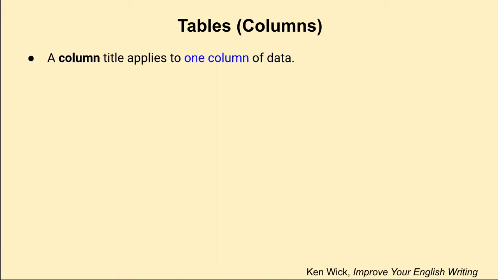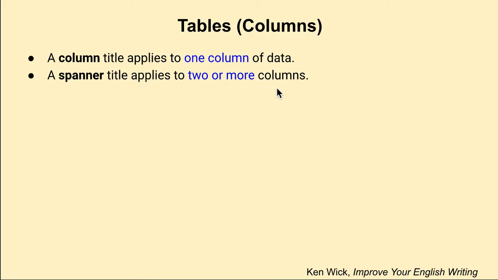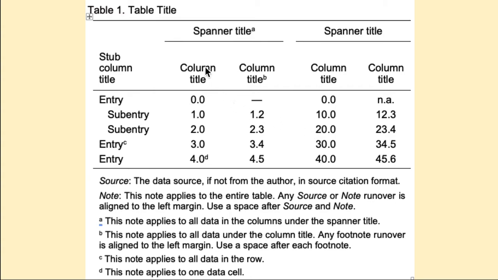So what about columns? Well, a column title applies to one column of data. A spanner title applies to 2 or more columns of data. And the stub column is the leftmost column. So going back to here, this column has 1, 2, 3, 4. This is a column title.